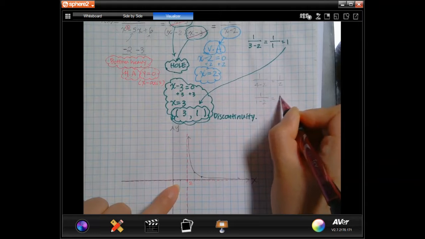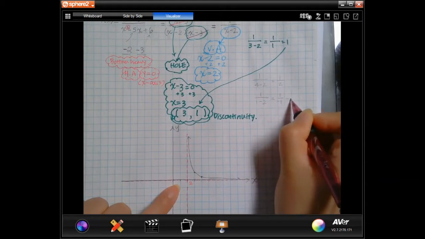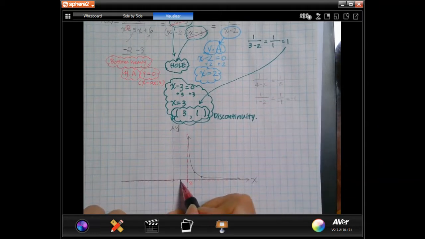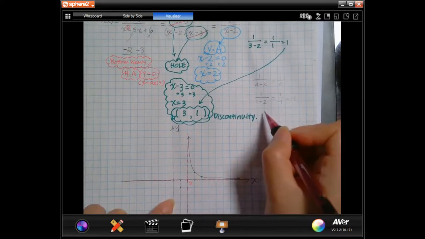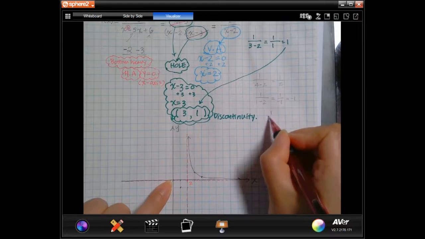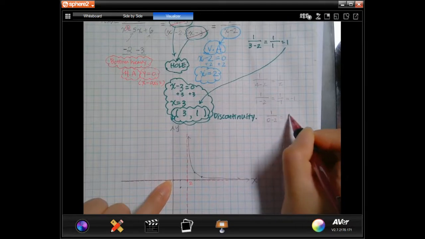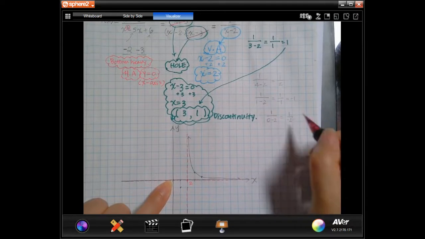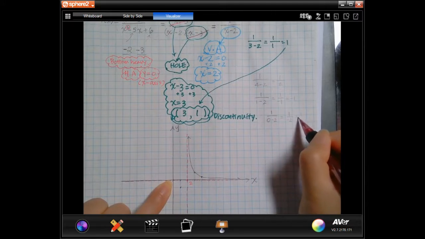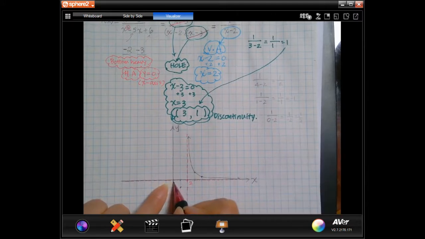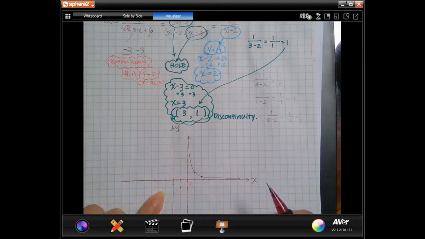And then it will make 1 over -3, essentially -1 over 3. Wait, as spoken: 1 over -1, essentially -1. So then 1 comma -1 is another plot. Then if I use 0, it's going to be 1 over 0 minus 2, which is 1 over -2. So then it's making -1 over 2. So 0, -1 over 2 is right here.